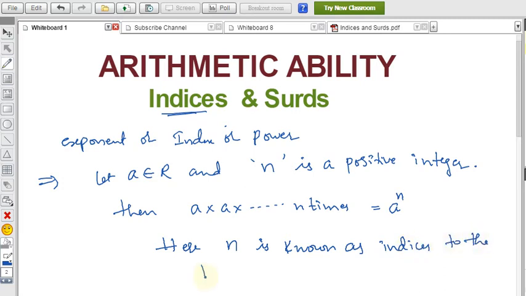We can treat n as the exponent, index, or power also. Sometimes we say we can write it as power.